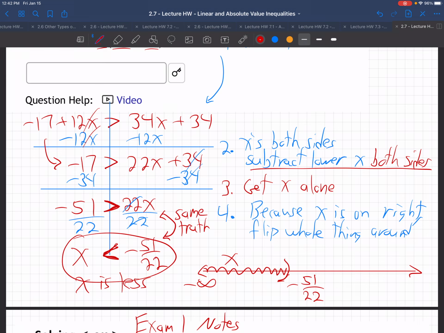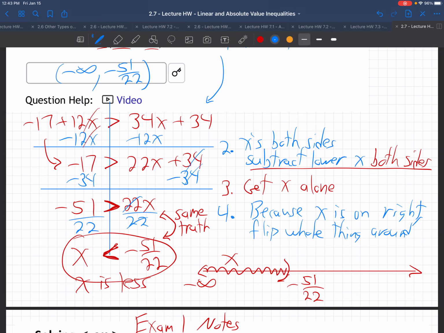X is less. So how do you say that in an interval? Negative infinity to negative 51/22. Parenthesis on both. Why parenthesis on both? Because you're not touching either one. Remember, we would only put a bracket, which has a straight edge, if we were straight on the 51/22. We're not. And you're not straight on infinity.